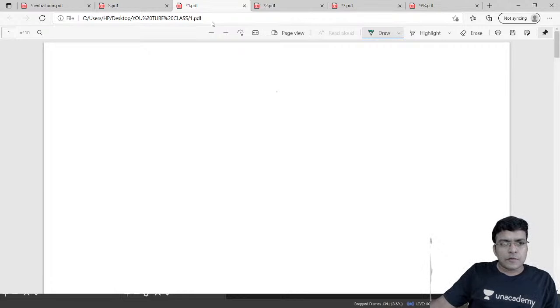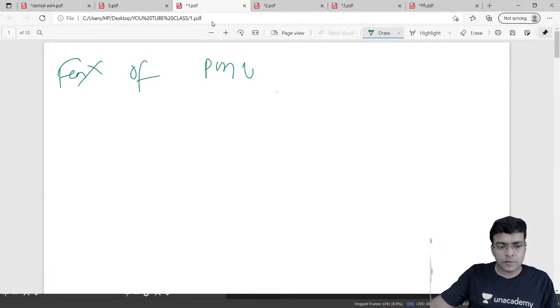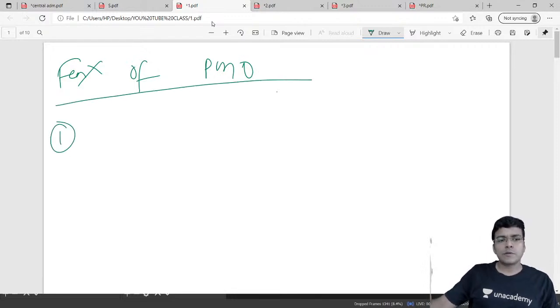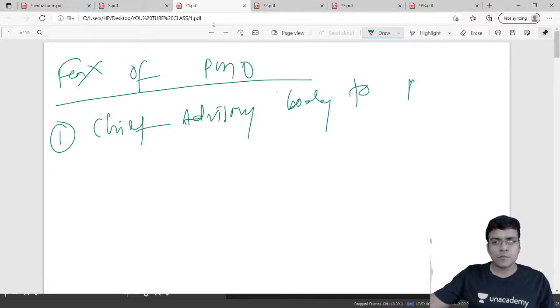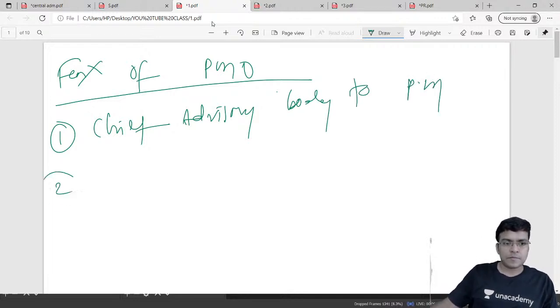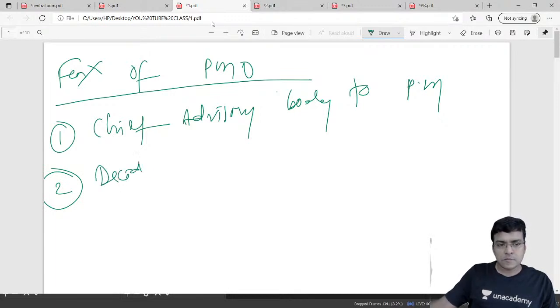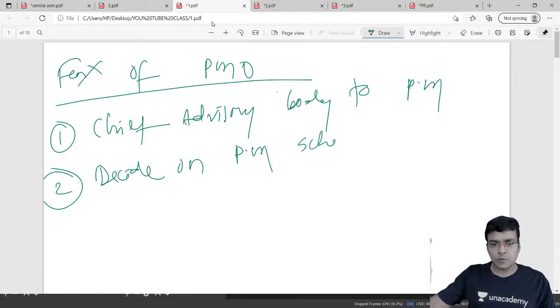So we can discuss the function of Prime Minister Office. The Prime Minister Office is the chief advisory body to PM. Second, it decides on PM's schedule.